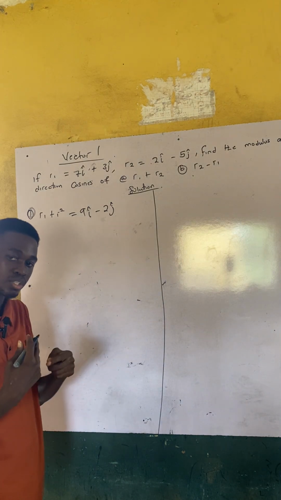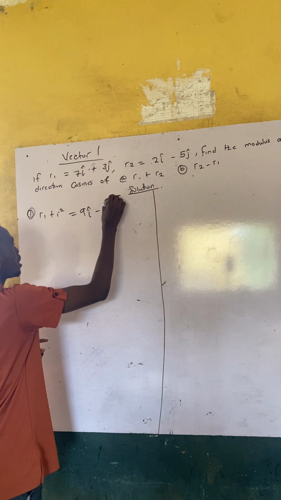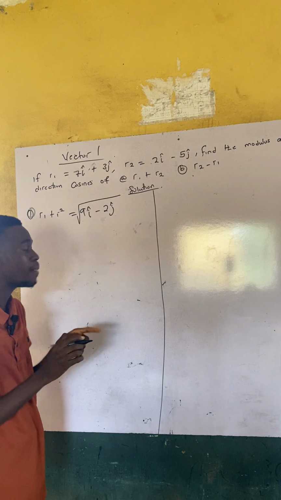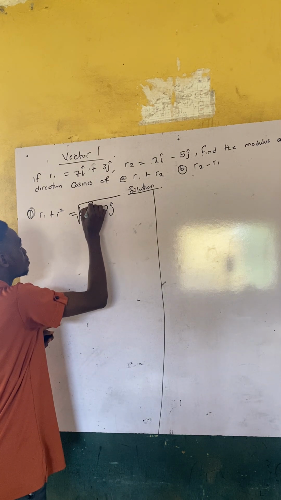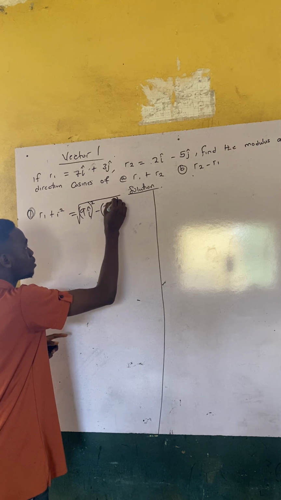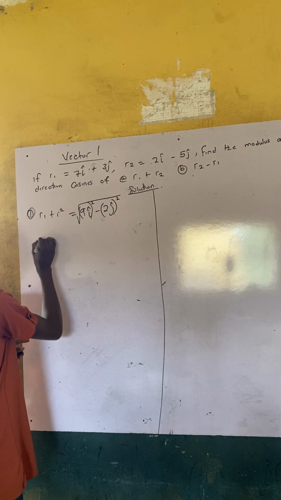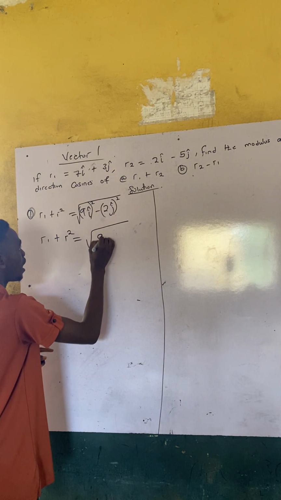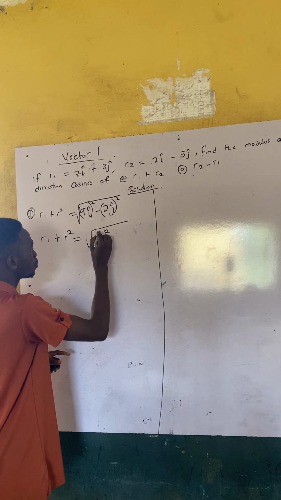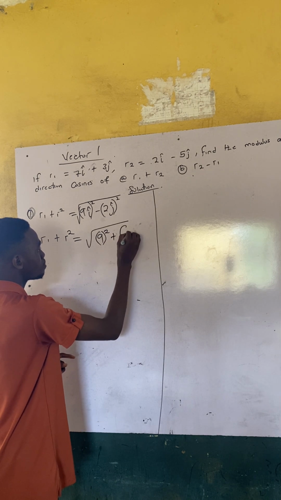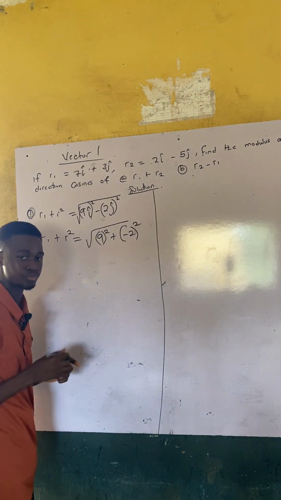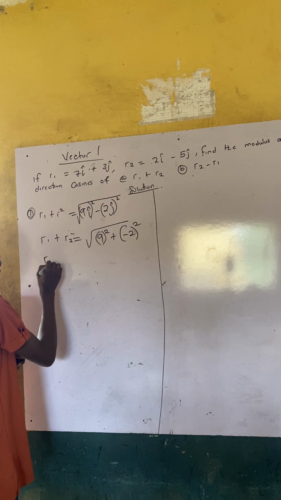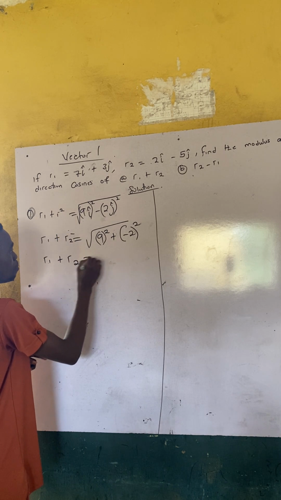Now, to follow the normal resultant formula, this must be inside the square root. Remember that. As it is inside the square root, this must be squared, and this also must be squared. So resultant 1 plus resultant 2 equals the square root of 9 squared plus (minus 2) squared.